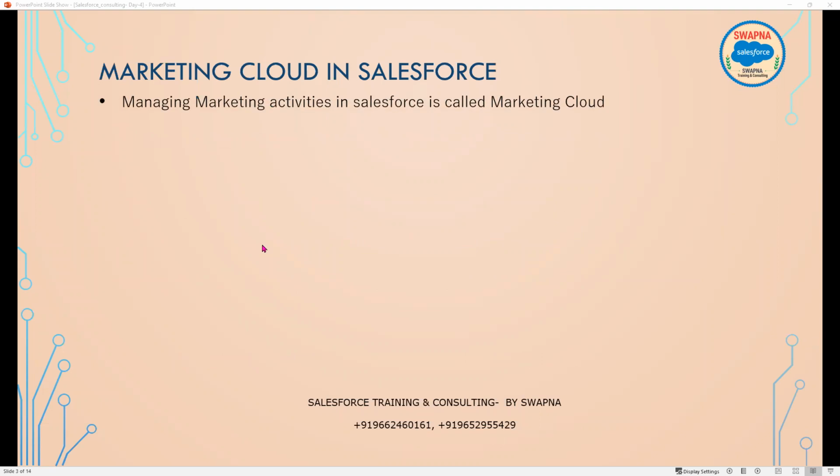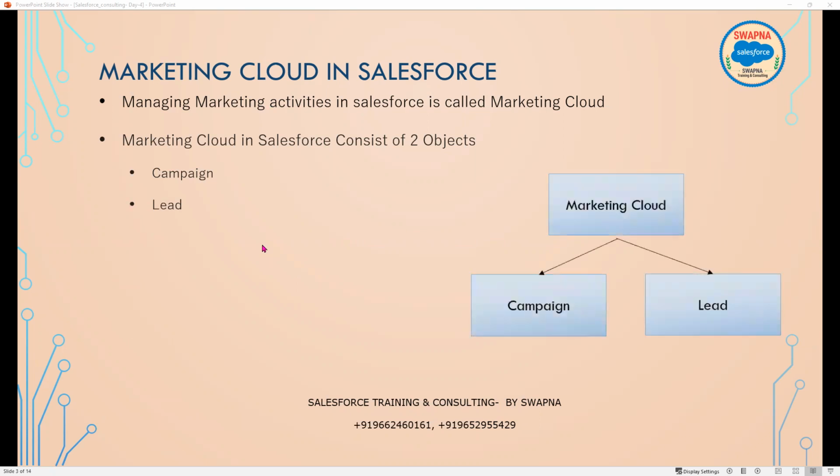Marketing cloud is divided into two types, campaign and lead. Right now we'll see step by step within the marketing cloud. First we will talk about what is a campaign and then what is a lead. The first thing is the marketing cloud campaign.